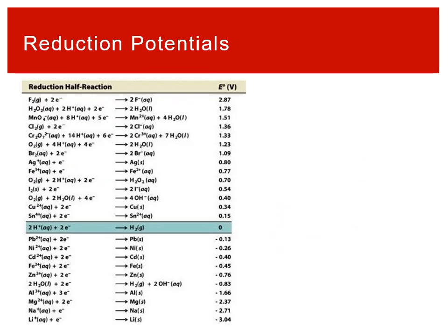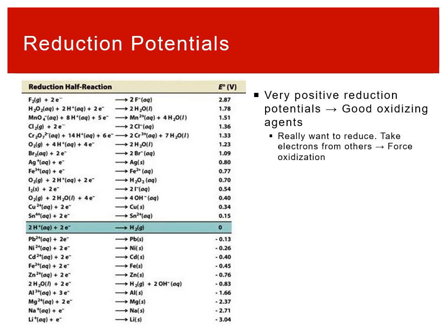Along the same lines, these potentials really point to the tendency for these reactants. And the extremes of the table are only going to go one direction. So for example, things like fluorine, hydrogen peroxide, chlorine, oxygen are really good oxidizing agents because they have these crazy high reduction potentials. They are almost always going to win when you ask which one has a higher reduction potential.